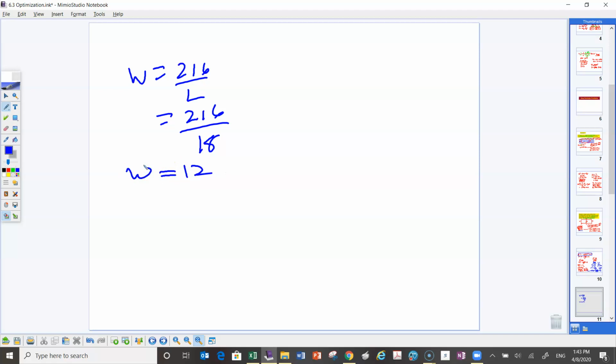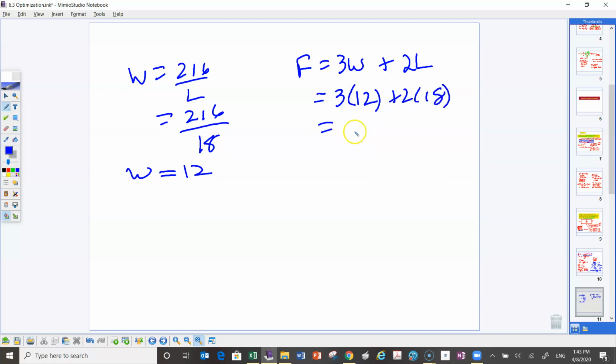So I know the dimensions are 12 meters by 18 meters, and now I also want to find the minimum amount of fence, so I just plug those values into my fence equation. So it's 3 times 12 plus 2 times 18. 36 and 36 is going to be 72 meters.